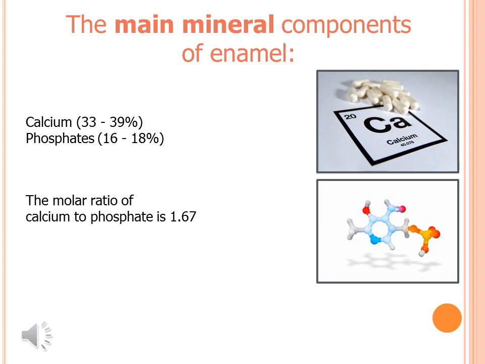This is the molar ratio and corresponds to the ideal, but the calcium ion can be replaced by similar chemical elements, for example, barium, chromium, magnesium, etc. At the same time, the ratio of calcium to phosphorus decreases in that case.